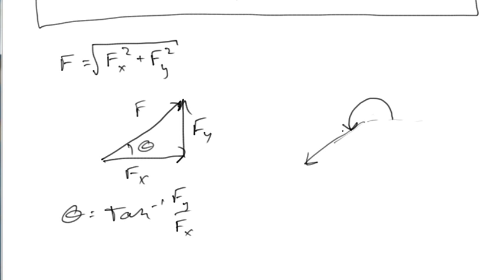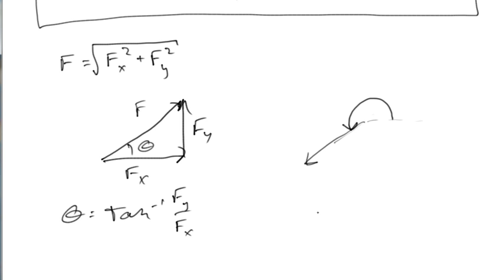It has to do with the fact that the arctangent is multi-valued: to get the same value when you take the tangent, there are multiple angles that will give you the same value. Any angle plus another 180 degrees gives you the same value.